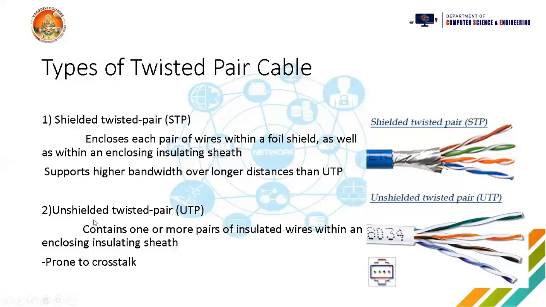Next comes the unshielded twisted pair cable. It is similar to the shielded twisted pair cable; the only difference is we do not have the shield, the silver foil. You can see I just have the twisted pairs and the outer jacket. So in unshielded twisted pair cable there are more chances of interference and crosstalk, that is, noise disturbance.